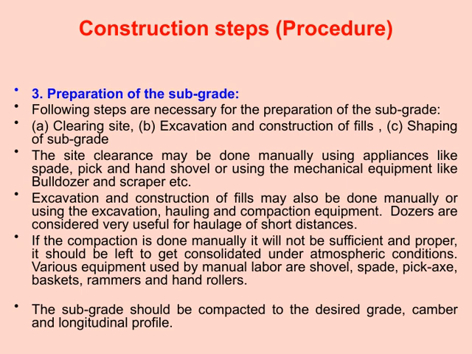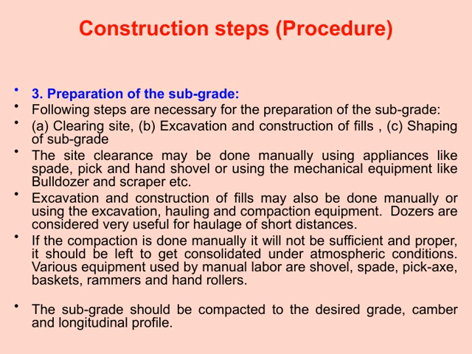The goal here is to remove all unwanted materials and debris from the site. Next comes excavation and the construction of fills. Again, these can be performed manually or with machinery. Excavators, haulers, and compactors play important roles here. Dozers, in particular, are very effective for hauling materials over short distances, making the process more efficient.